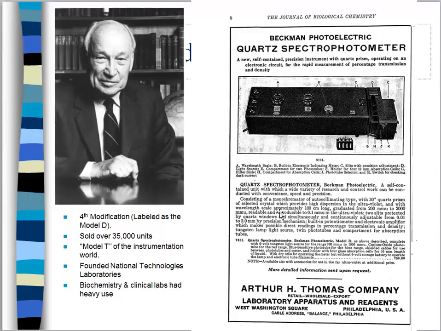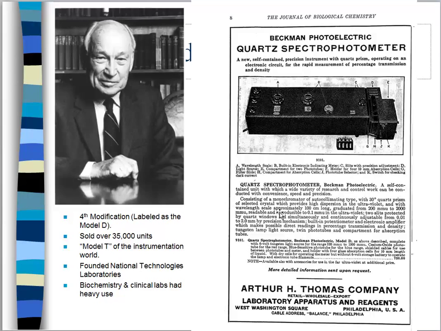The selling feature of this piece of equipment was given to biochemistry and clinical labs. They had a very specific use for a UV-Vis instrument, and biochemistry and clinical labs use a UV-Vis instrument maybe on a daily basis.